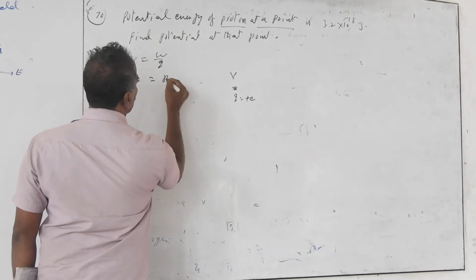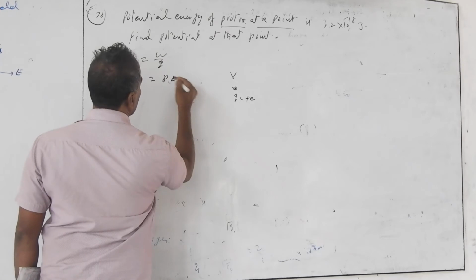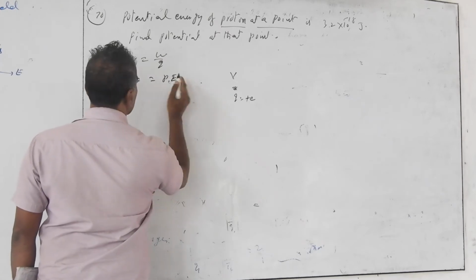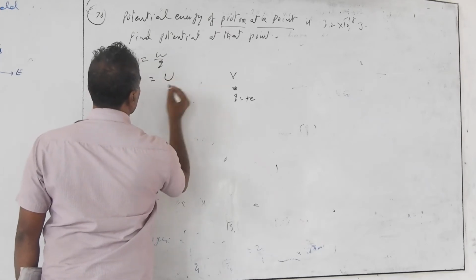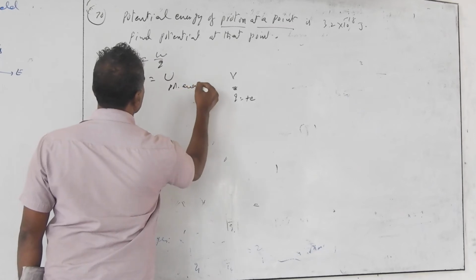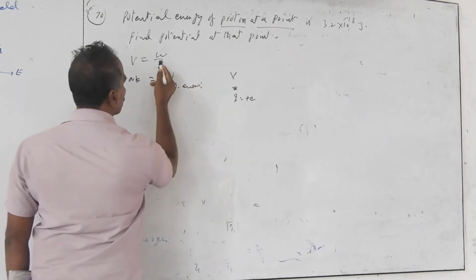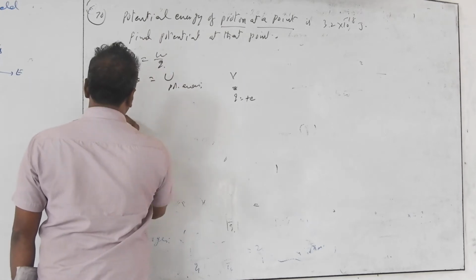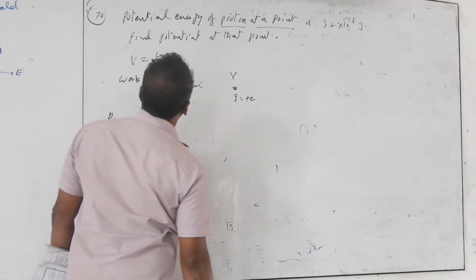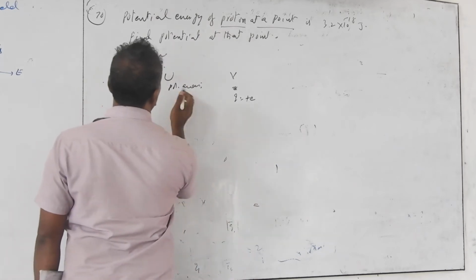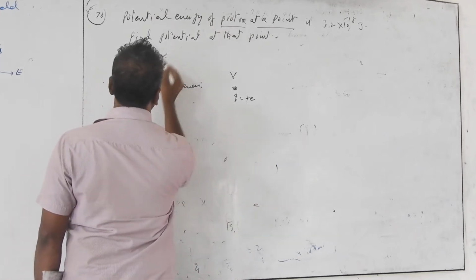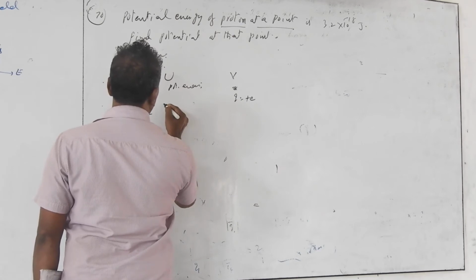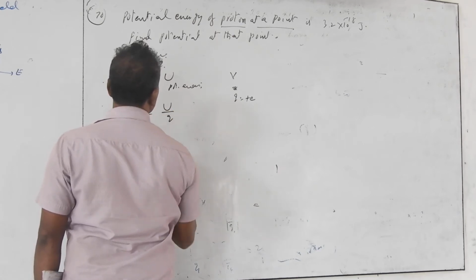Therefore potential energy becomes V into Q. So V is nothing but potential energy U by charge.